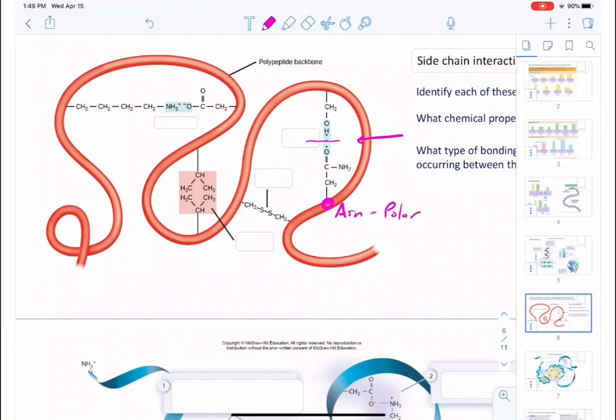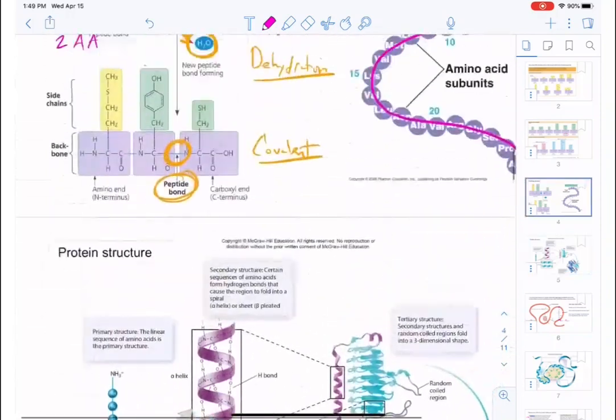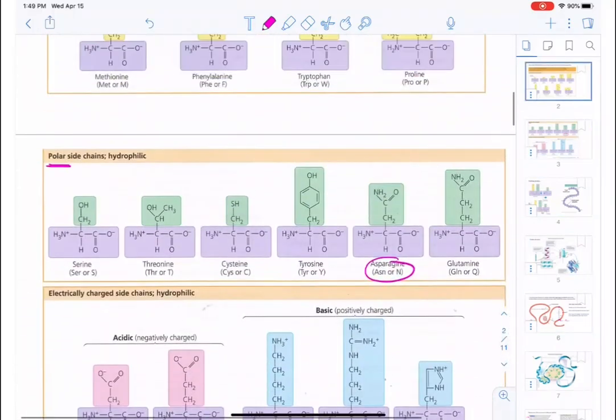And then what about this amino acid up there? That is serine, and that's also polar.